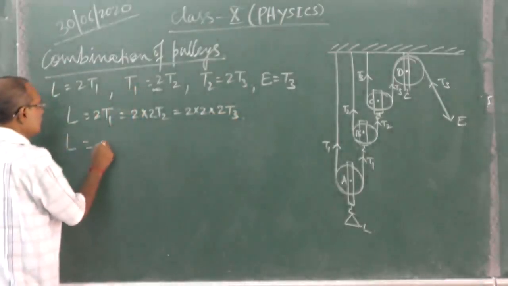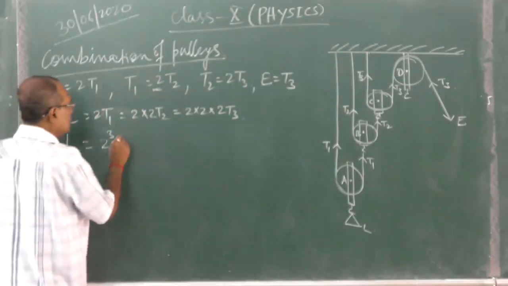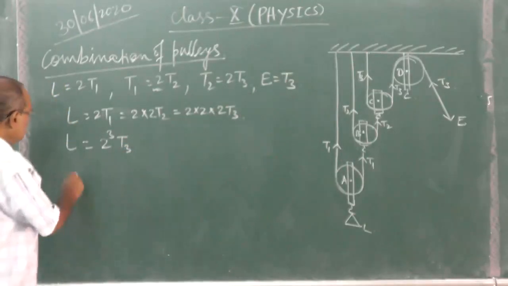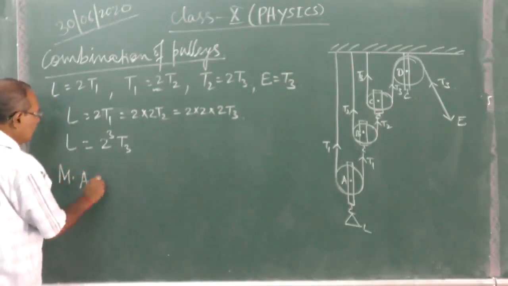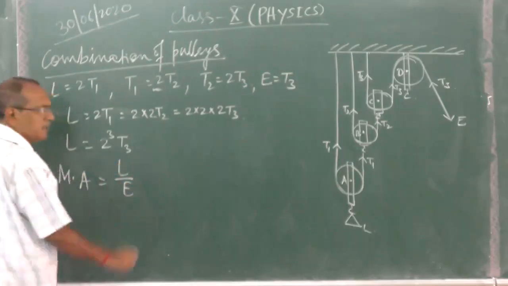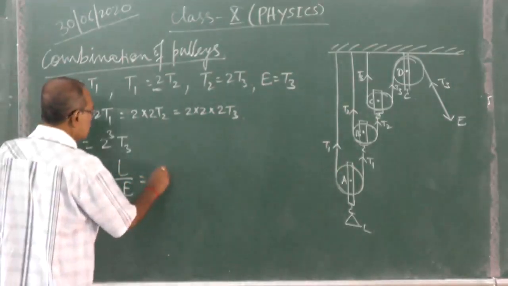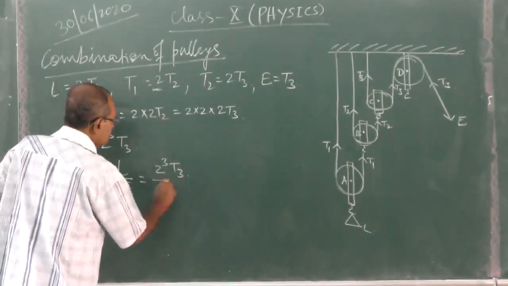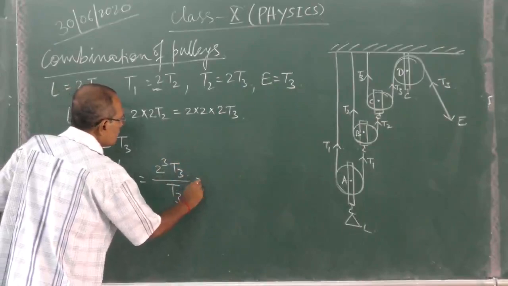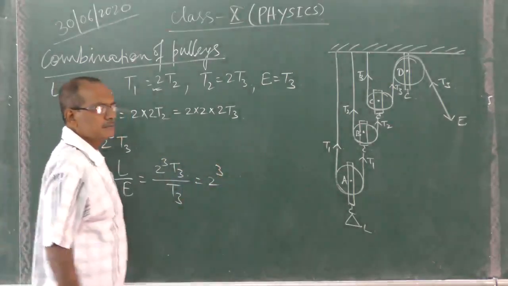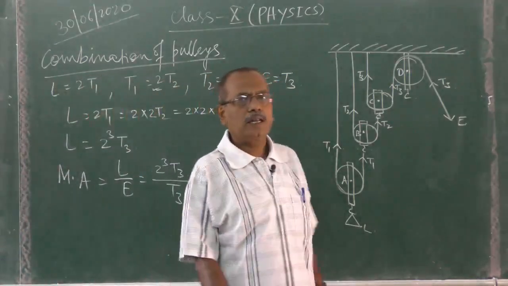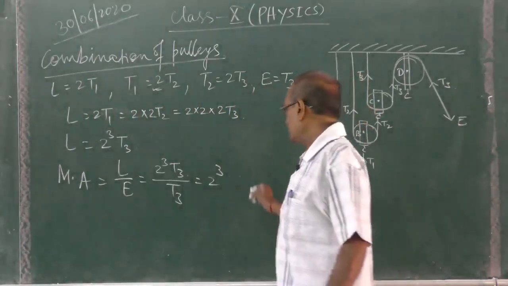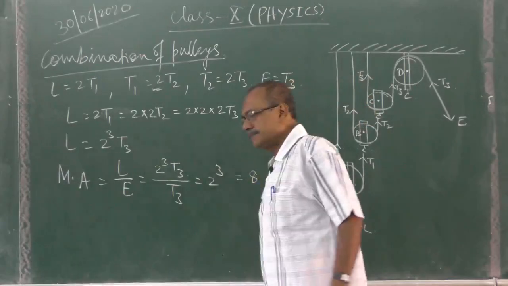So load is equal to 2 to the power 3 into T3. Then mechanical advantage equal to load by effort, that is equal to 2 to the power 3. Mechanical advantage is equal to 2 to the power 3, that is, we can write 8.